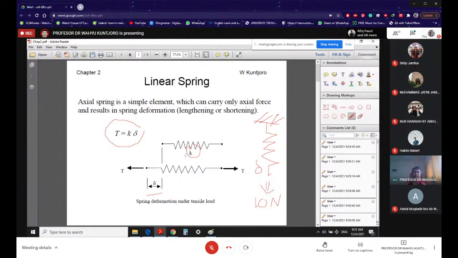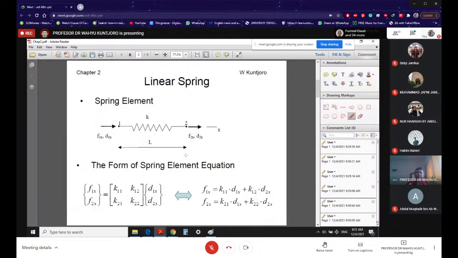Anyway, we assume that you know the value of your K. But this is basically the physics of the spring, which means that we have this relation, T equals K multiplied by the elongation. Remember, delta is elongation.